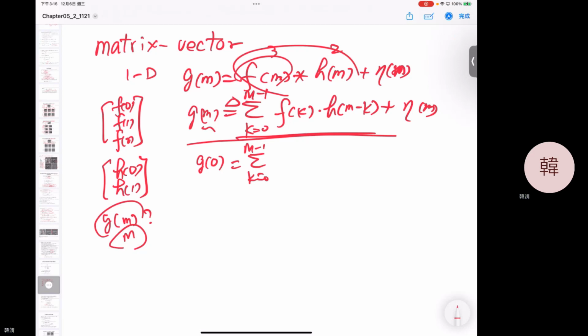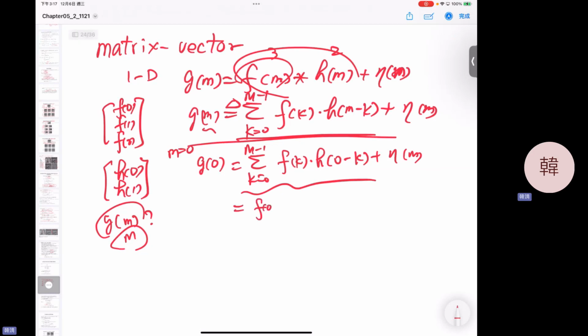Maybe you can try later. Let's see if M equals 0, what's the output of G0? It's Fk times H(0 minus k) plus eta m. Please derive all the details of this summation.